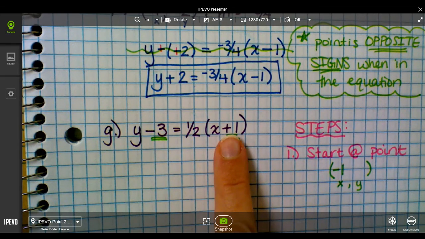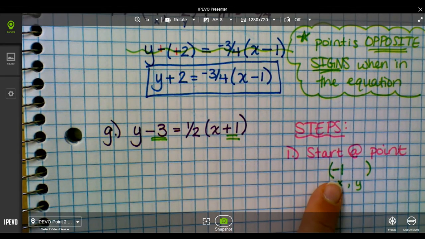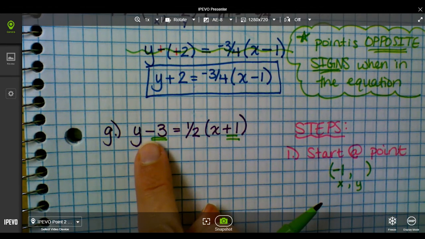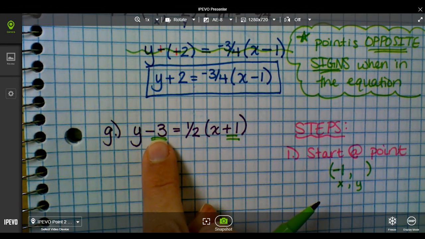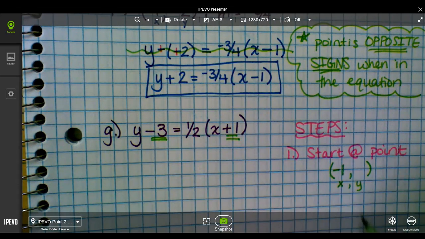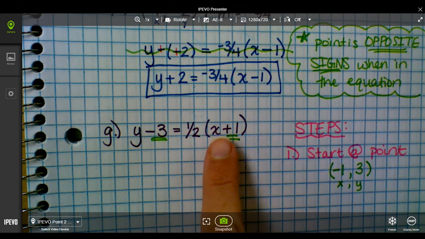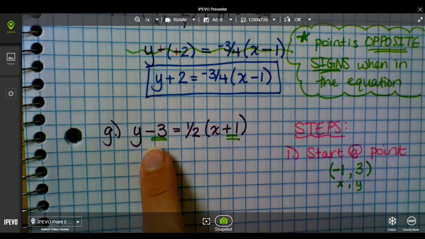So if it looks like a positive 1 in here, my point is going to be a negative 1. Then to get my y, I'm looking over here. Since I'm subtracting 3, it looks like a negative 3, but I am subtracting a positive 3. So it always looks opposite in the equation than what it is here. So all you have to do is remember to put the x first, switch a sign, then put the y, switch a sign.